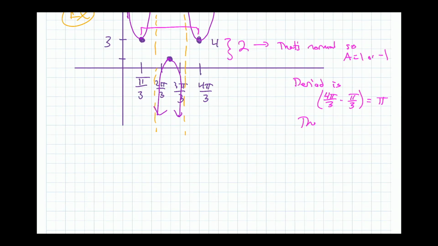Then you can use that the period is 2 pi over b. Put the pi in, so pi is 2 pi over b. b is 2 pi over pi, which is 2. All right, so we got that.